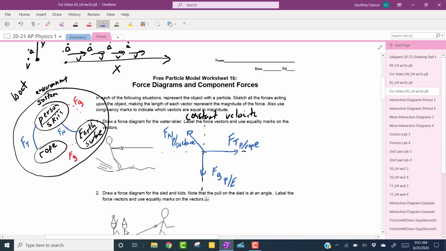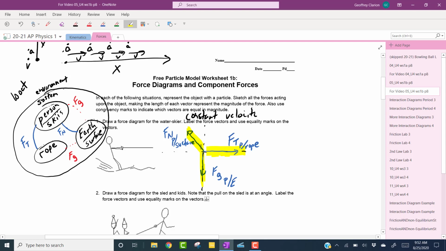So now let's draw the force diagram with components. This is something that's a little new. We draw force diagrams with components whenever any of our forces are not on the vertical or horizontal axis. This is on the horizontal axis, so it's good. This is on the vertical axis, so it's good. But this one is not on any axis.